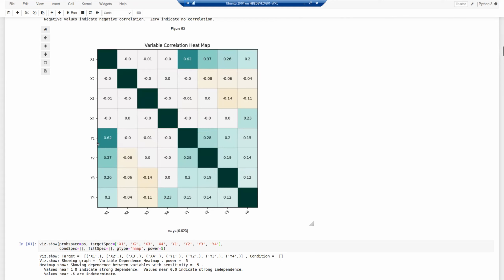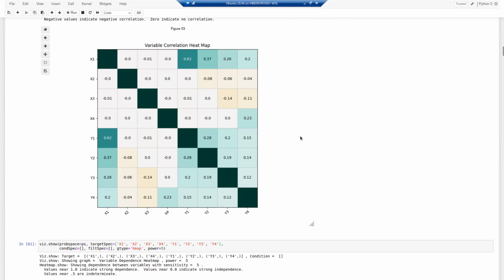So you can see, start from the top: x1 is correlated with y1, y2, y3, and y4. x2 is correlated with y2, 3, and 4, but only mildly. x3 is correlated with 3 and 4, and x4 is only correlated with y4.